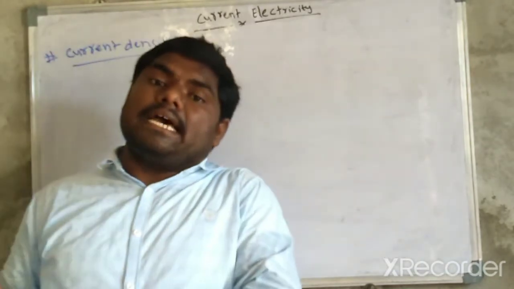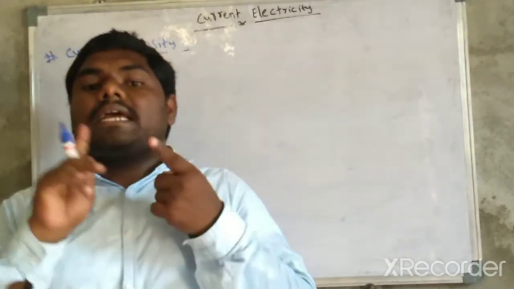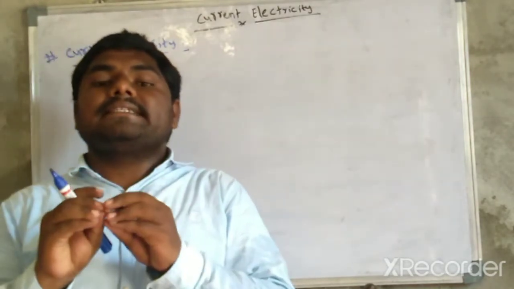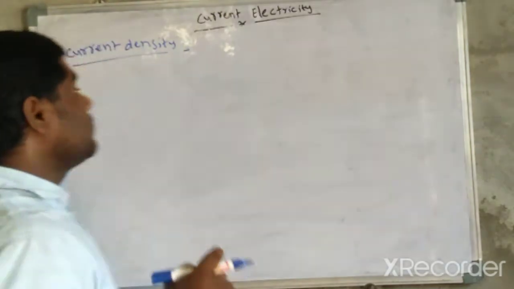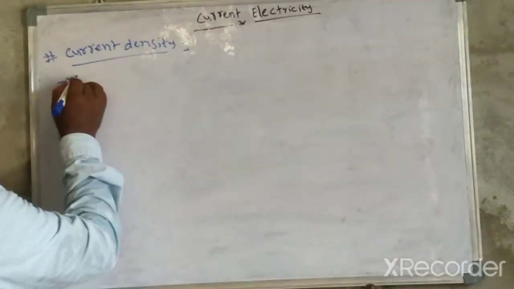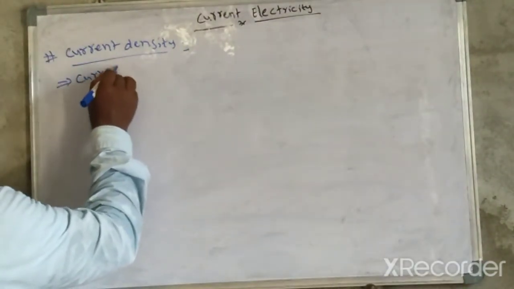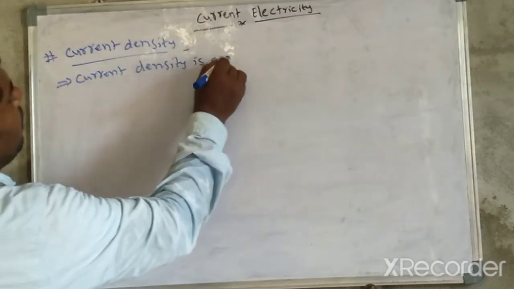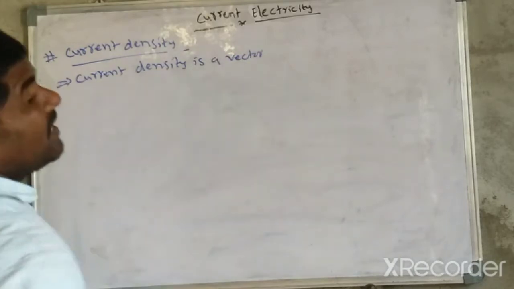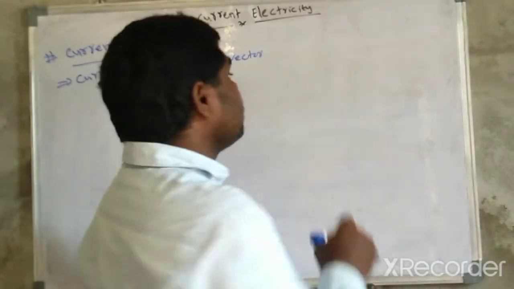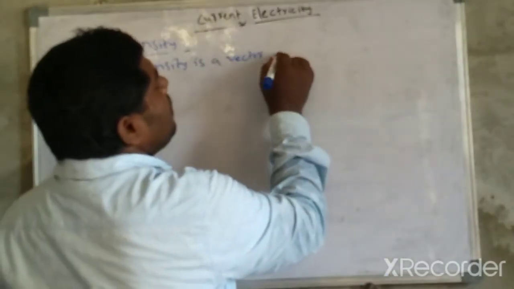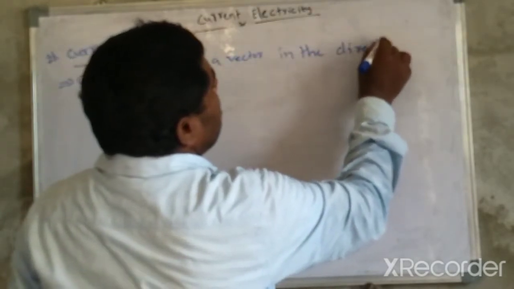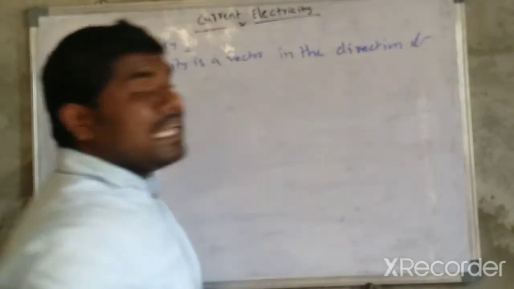The very first point: current density is a vector, in the direction of current flow.